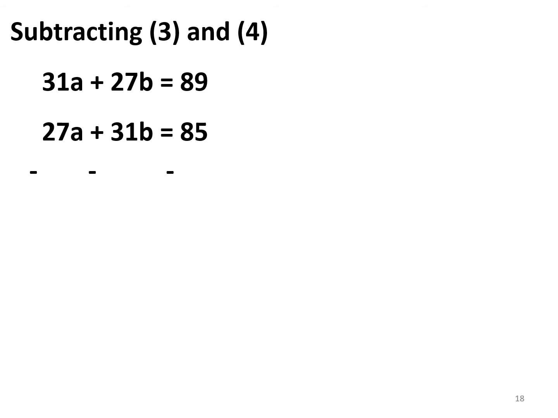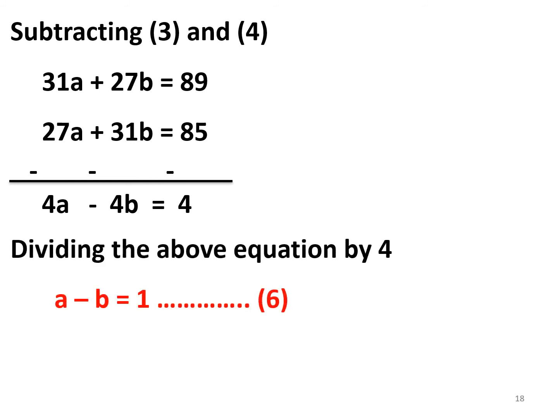So 31a minus 27a gives you 4a. 27b minus 31b will give you minus 4b. 89 minus 85 will give you 4. Dividing the above equation by 4, I get a minus b is equal to 1 is my equation 6.